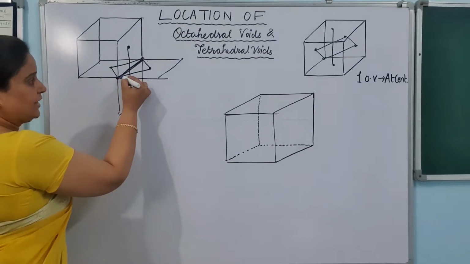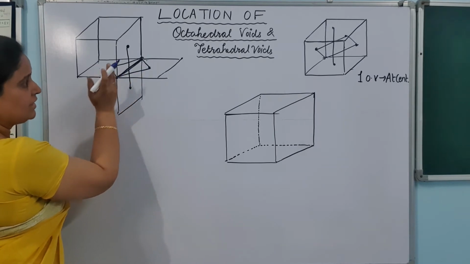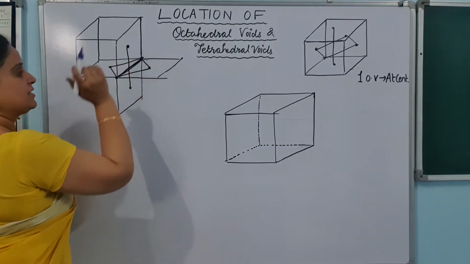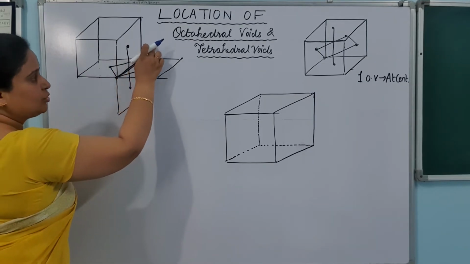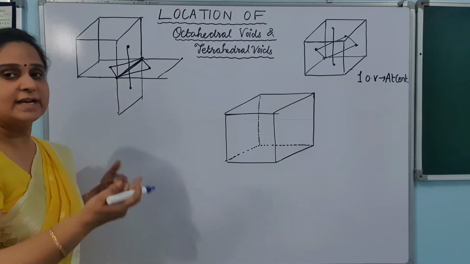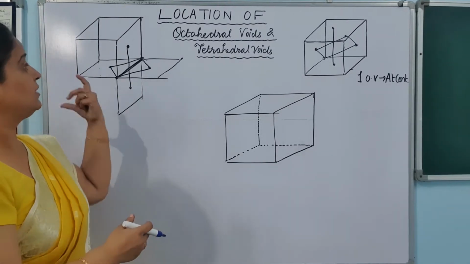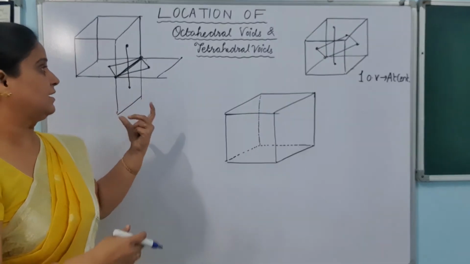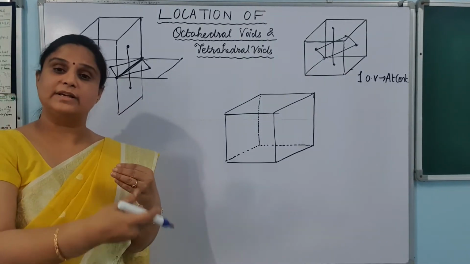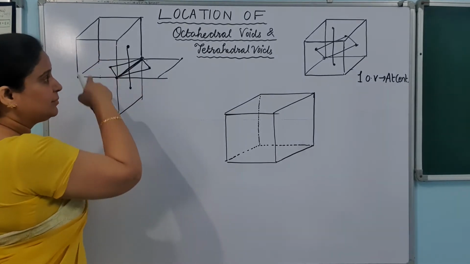But the edge void is there in this unit cell, the upside unit cell, and this unit cell. So 1, 2, 3 and 4. This is shared just because the edge is shared by 4 unit cells. So every edge of the unit cell is connected with 4 other unit cells. Hence, each void which is present at the particular edge is shared.